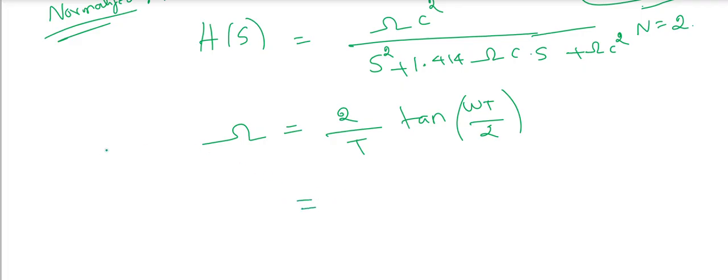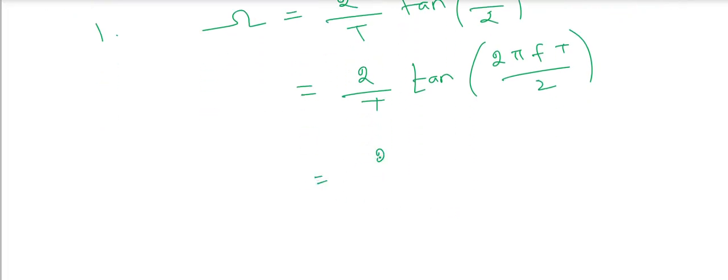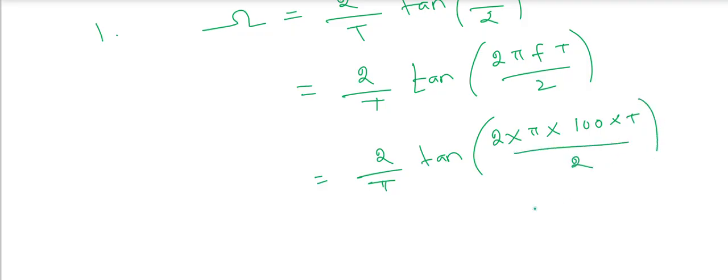Here you have to apply the given specification: omega is 2 pi f, so 2 by T tan of 2 pi into f into T by 2, where f is 100 hertz.